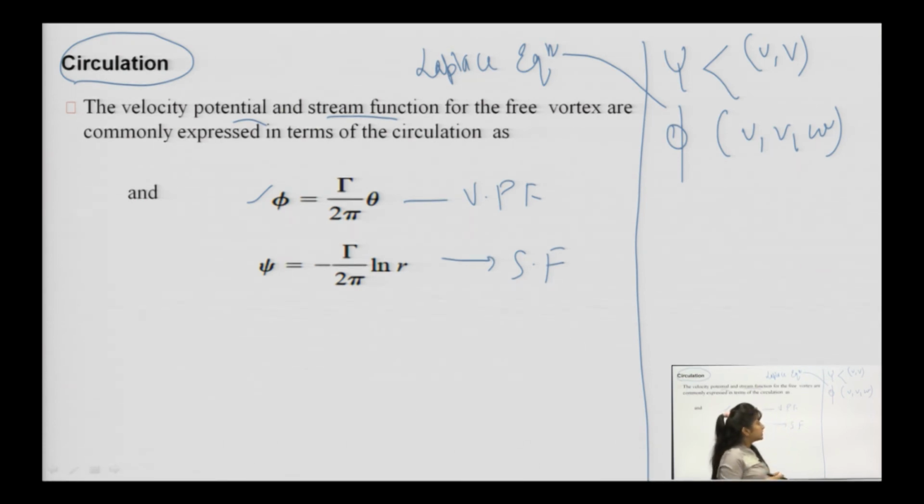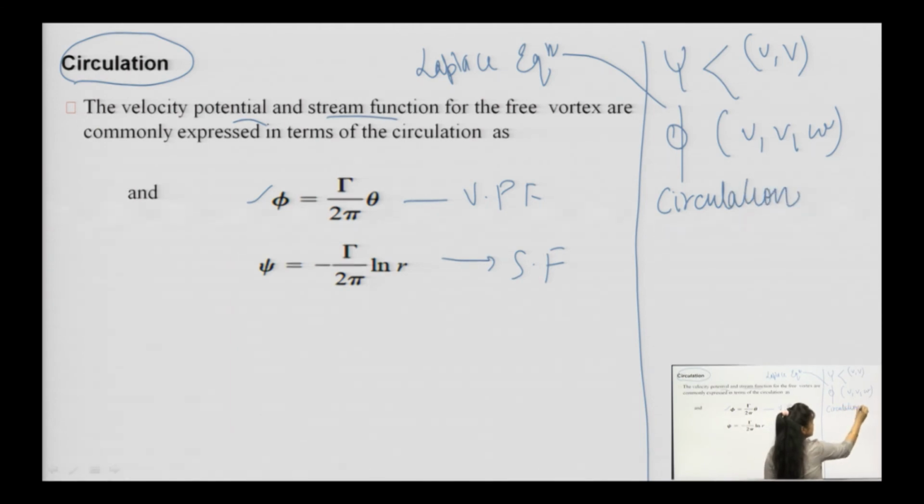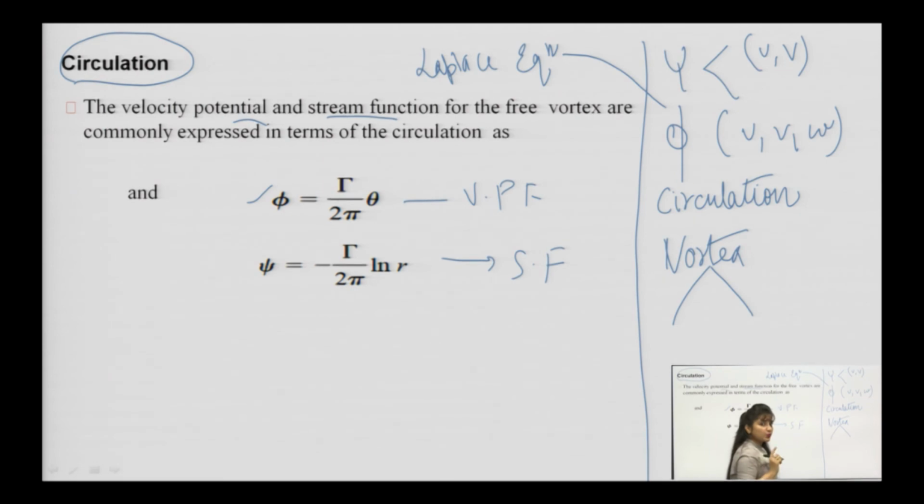The next one: with the help of this we have studied two further topics, those are circulation and vortex flow. Again, vortex flow can be of two types, forced vortex and free vortex.